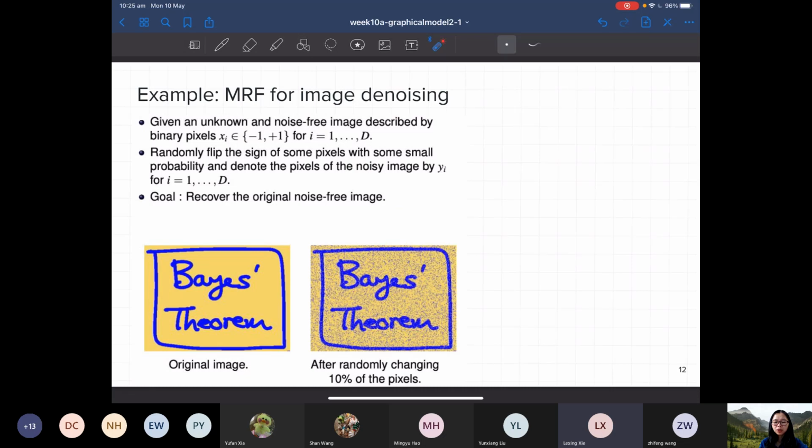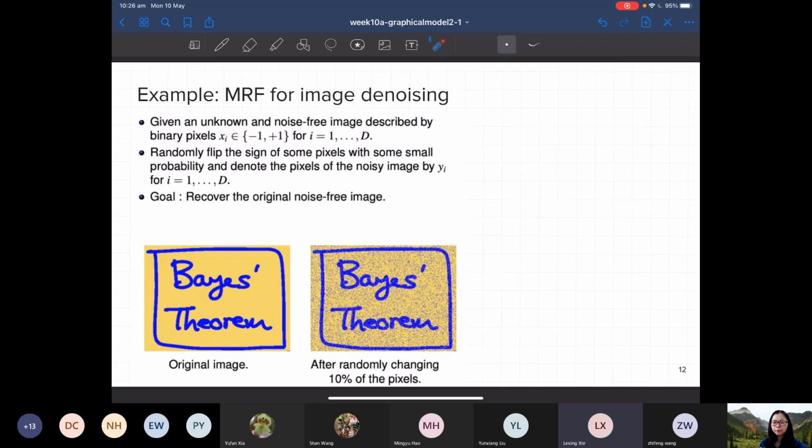We corrupt this image by introducing some noise, by randomly flipping the sign of some pixels with a small probability. The goal is to recover the original image as much as possible. We already saw exactly the same application using autoencoders, right? If we have lots of image pairs that are noisy and clean, we can train a neural network to come up with the cleaner image given the noisy image.